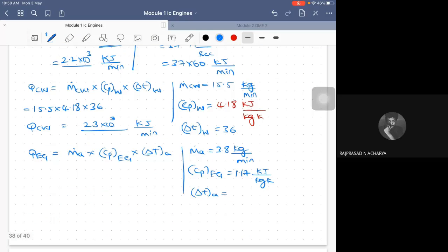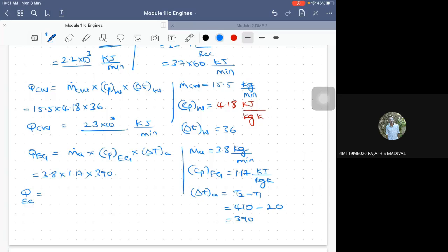T2 is 410 minus T1 which is 20, so it is around 390. Now substitute all the values: 3.8 cross 1.17 cross 390. Whatever value you get would automatically be in kilojoules per minute.